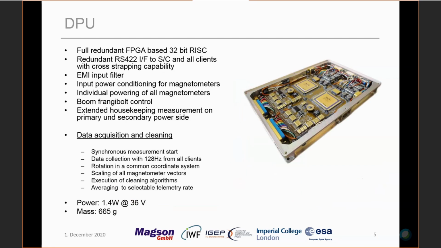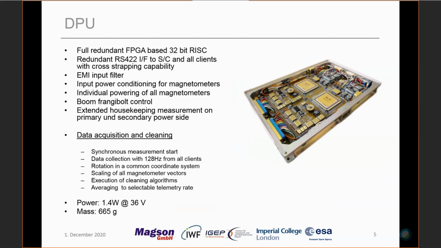So the next slide describes the DPU. It's a fully redundant FPGA-based CRISP processor system with 5 RS-422 interfaces, 4 to the magnetometer clients and 1 to the spacecraft, with an EMI input filter with a power conditioning unit for the magnetometers, with switches for the individual powering of each magnetometer, and with a power switch to operate the flanging bolt for the boom deployment.